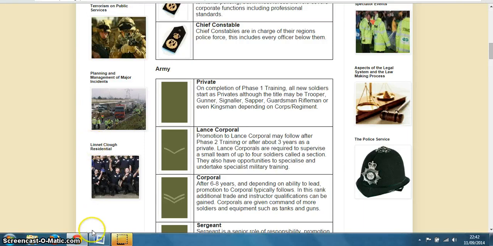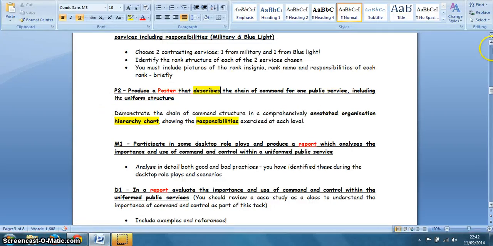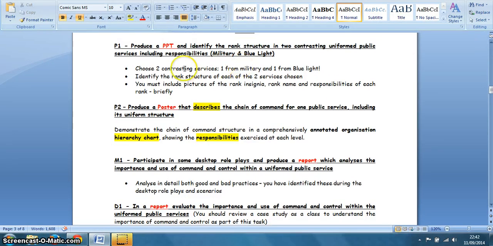So just a reminder, for P1 you pick two services, include the rank structure of each of them, include the rank insignia, the rank name and responsibilities. If you want to include P2 in P1, make sure when you explain the responsibilities for one of the services, not both of them, include a lot of detail when you're describing responsibilities.